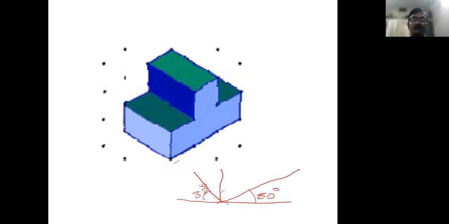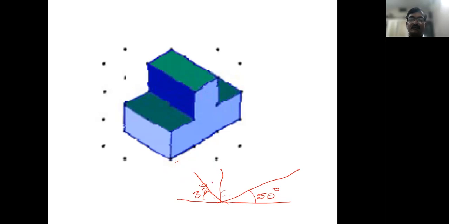We get the view of the object, that is an isometric drawing. In this isometric drawing, all edges are parallel to these three lines.